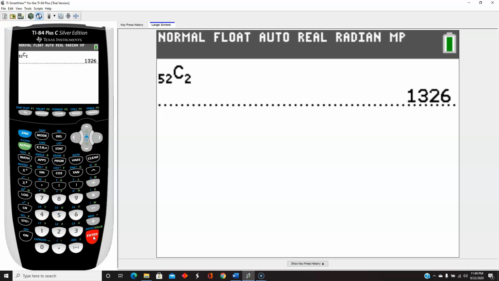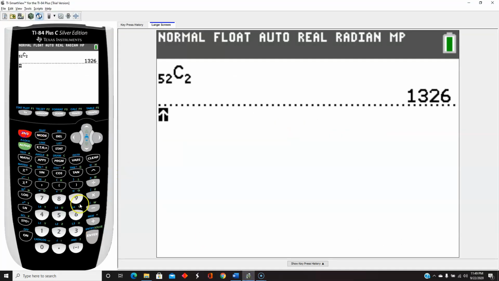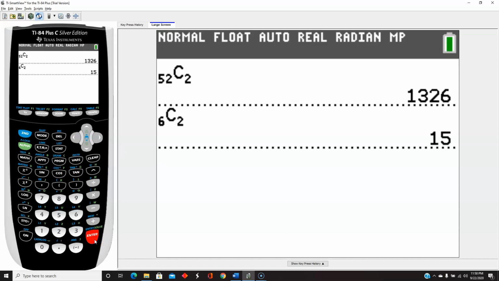There's 1,326 ways I can get 2 cards, but there's only 4 choose 2. There's only 4 aces, and if I'm choosing 2 of them, there's only 6 ways that can happen.